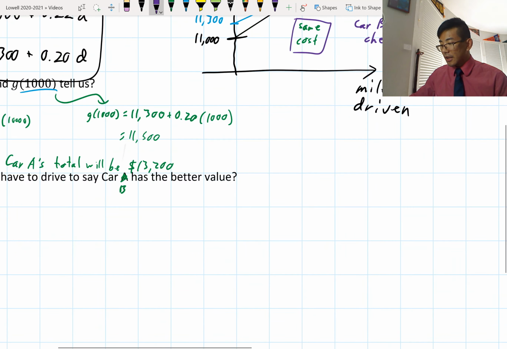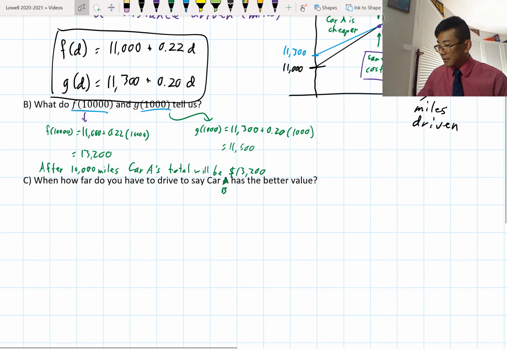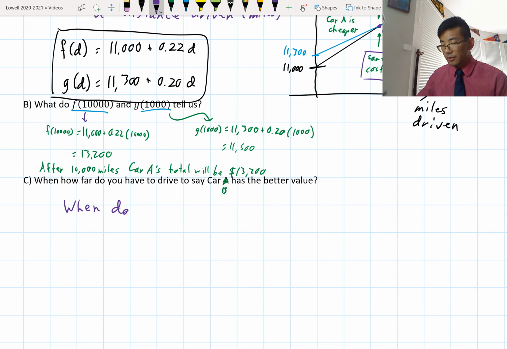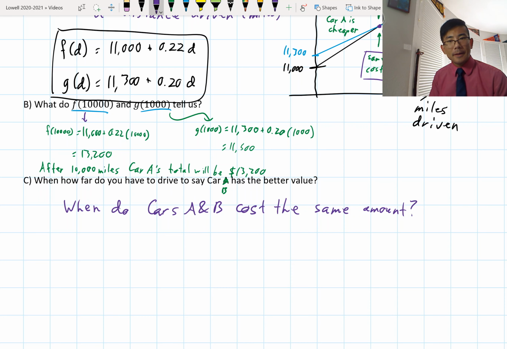Well, we have to figure out when cars A and B cost the same amount. And when we say cost, we mean the total cost. If that's the case, then that means f of d is equal to g of d.